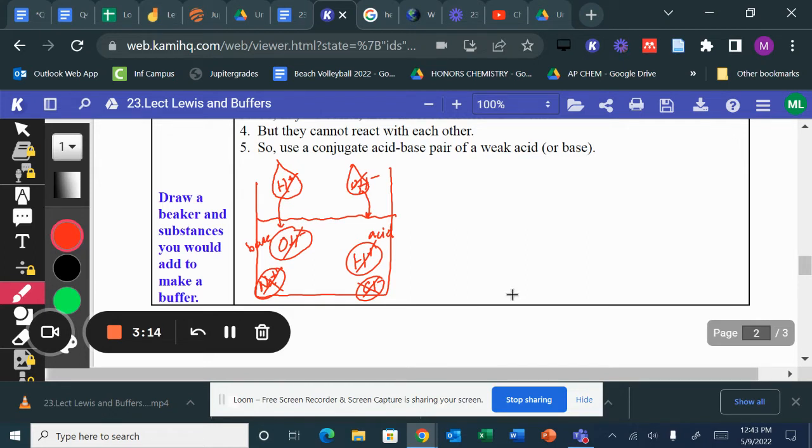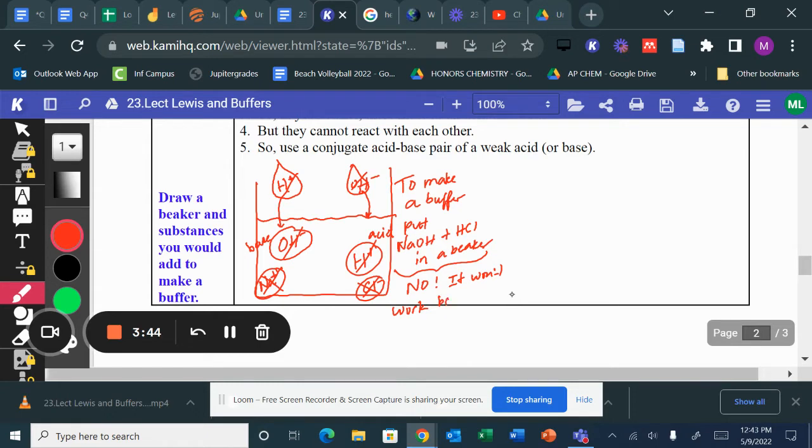Let's say to make a buffer, you put NaOH and HCl in a beaker. But this will not work. Can you guess why it won't work?